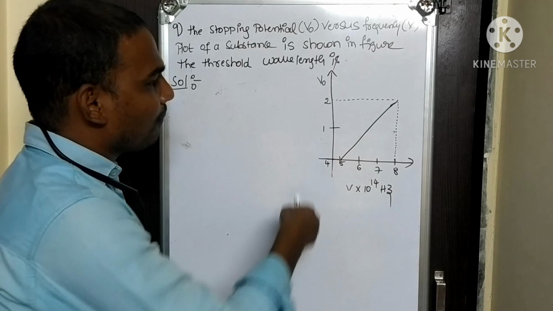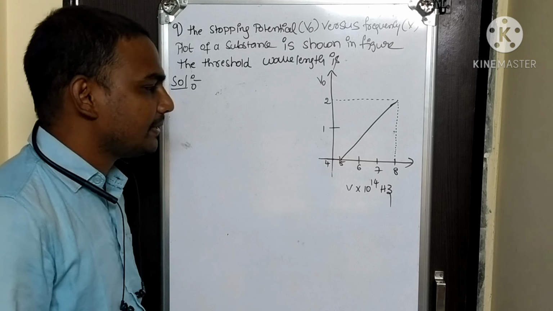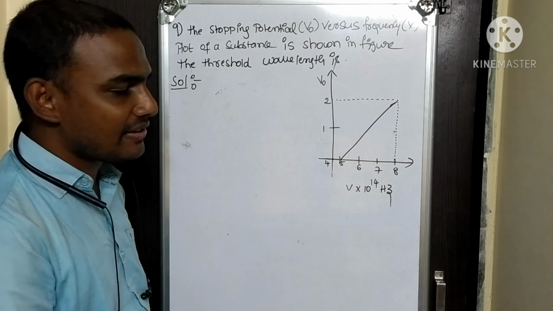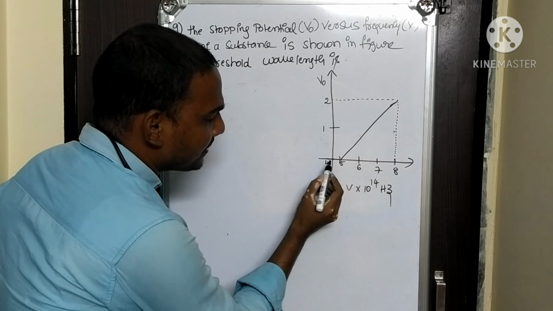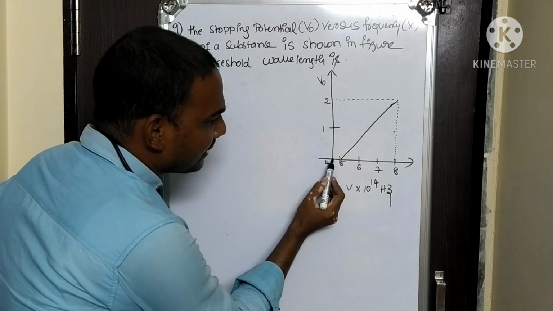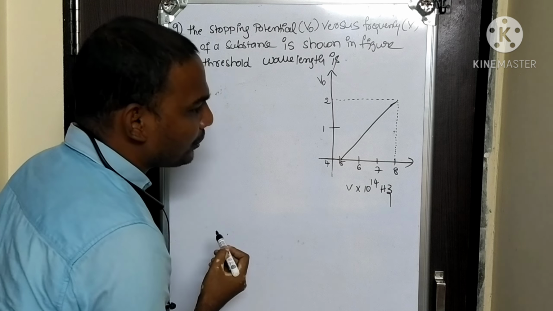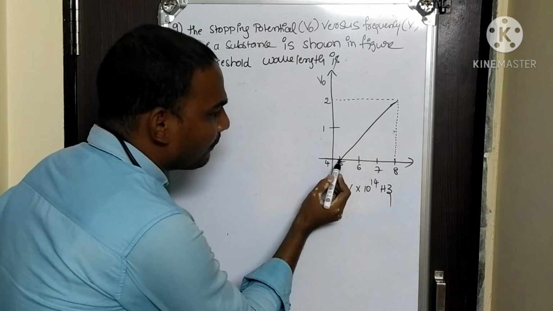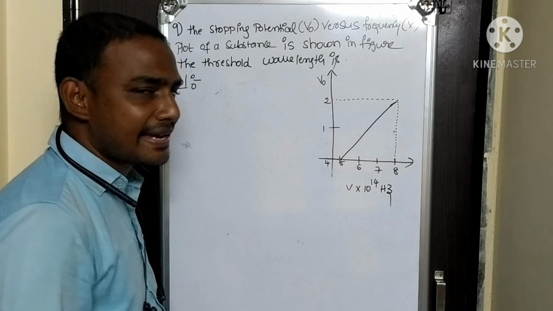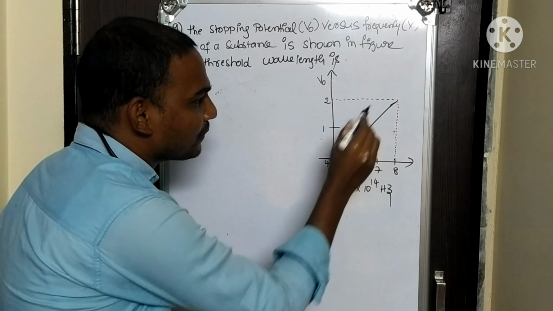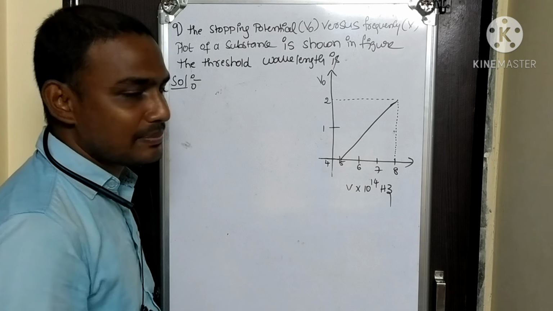From this graph, the y-axis represents stopping potential, the x-axis represents frequency. Here we observe that at zero frequency, no photoelectric effect takes place. From 5 onwards the graph will rise, that means from 5 onwards the photoelectric effect takes place.